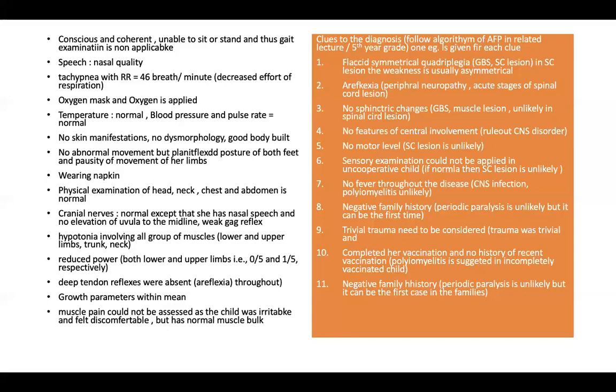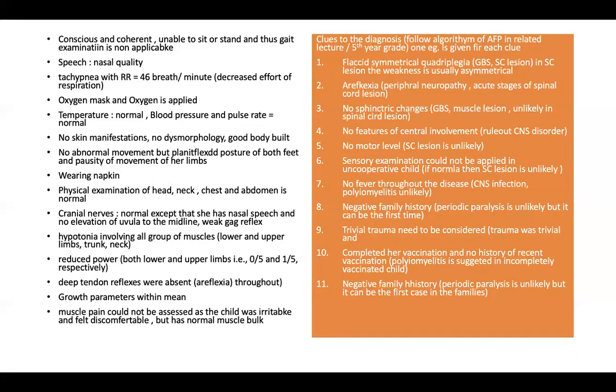أيضا الvaccination, history of vaccination followed by such cases ممكن may be suggestive of vaccination-induced lesion or disorder like Guillain-Barré. يعني بعض أحيان الجوليان-بري may follow vaccination, some vaccinations. إذا completing her vaccination is unlikely to suggest poliomyelitis.